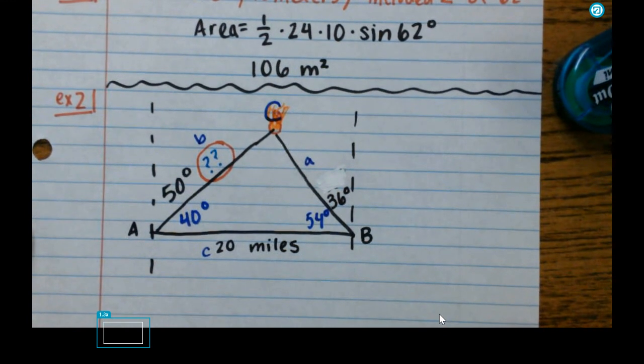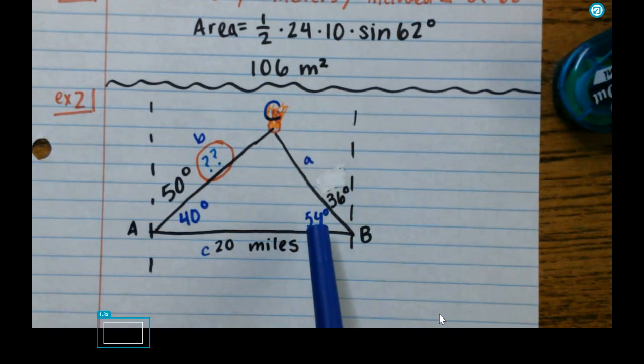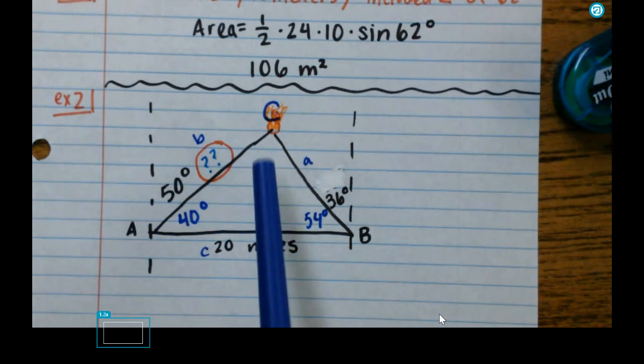Right now, I don't know both big A and little a, or the big and little version of any letters yet, but I can solve for big C. So big C would just be 180 minus this 40 minus this 54. So that's 94, so this is going to be 86 degrees here.